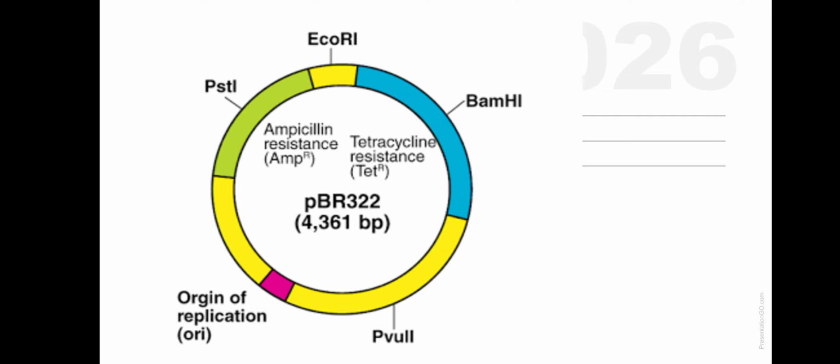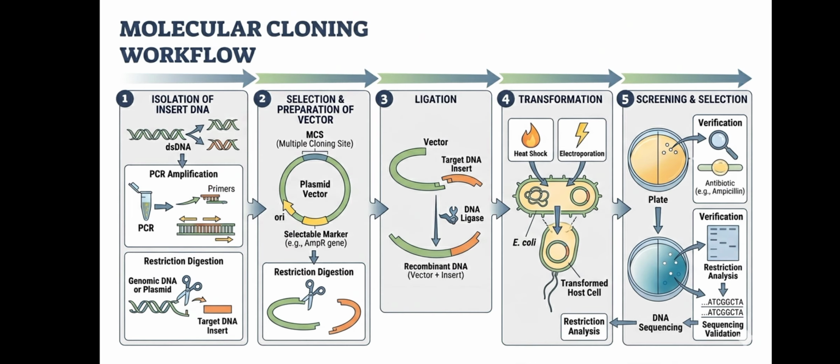See, this is a figure of pBR322. It has an origin of replication from which the replication takes place, and it has restriction sites: PvuII, BamHI, EcoRI, and PstI. Inside the ampicillin resistance gene there is a recognition restriction site, and inside the tetracycline gene there is a restriction site.